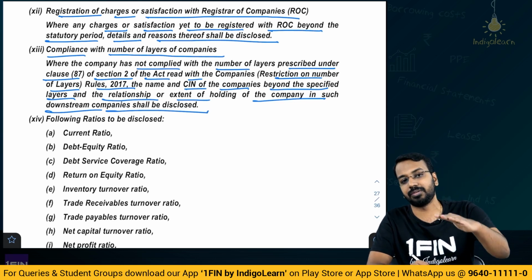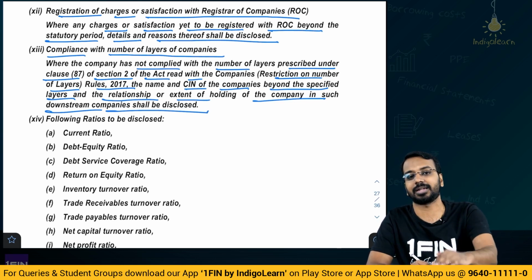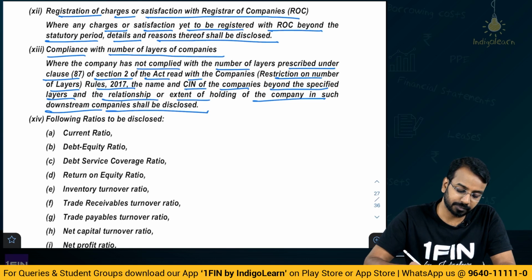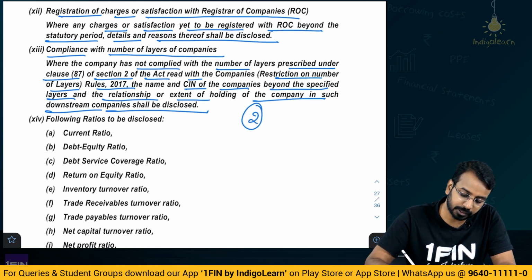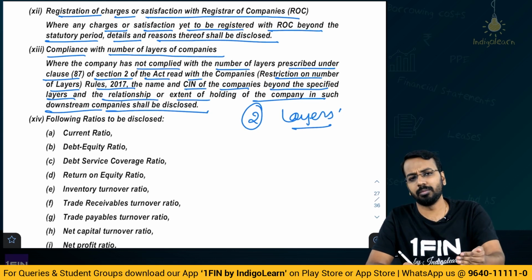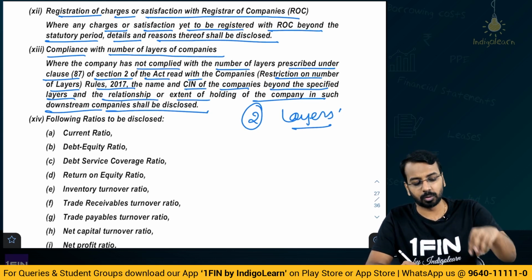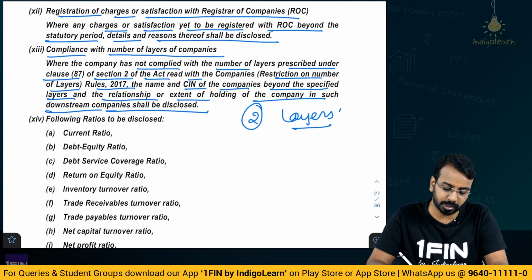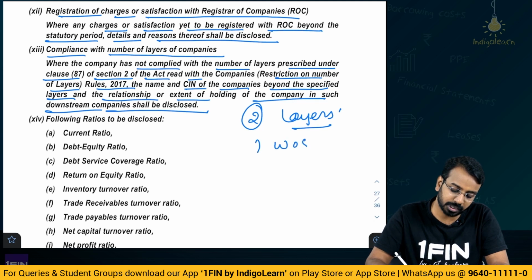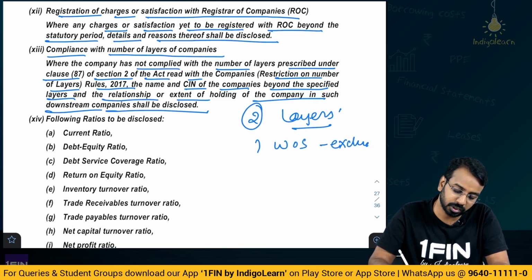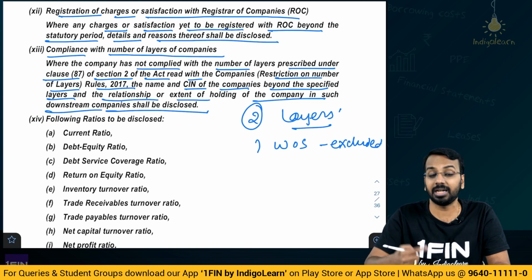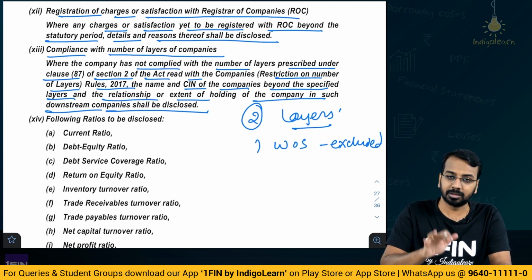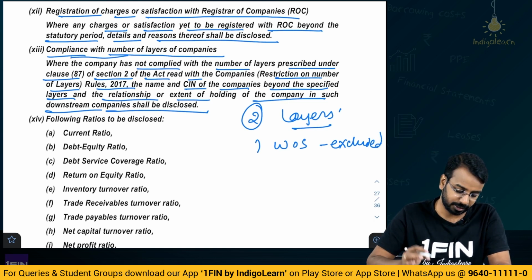So, if they violate the number of layers, that fact has to be disclosed. Now, coming to layers of subsidiaries, you can have 2 layers of subsidiaries and one more wholly owned subsidiary. One wholly owned subsidiary will be excluded from this count. So, if you have more than 2 layers, let us say 3 layers of subsidiaries, then you are violating this particular rule and that has to be disclosed.